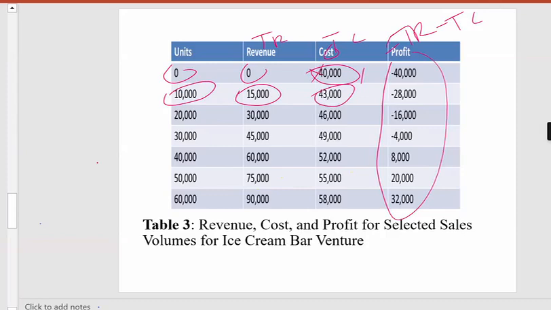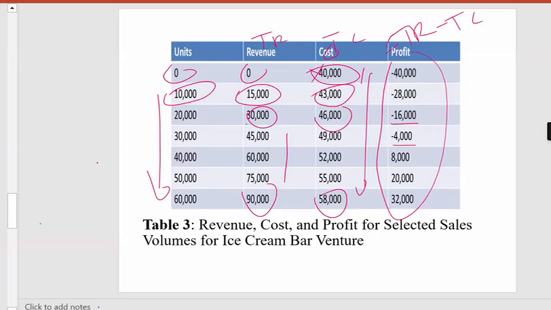You remember, the more you produce, the more the cost. As you keep producing, costs increase, until at 90 you have produced 58,000. But here you have to find the difference to see whether you are making a profit or a loss. So let's say here 30,000 minus 46 is negative.